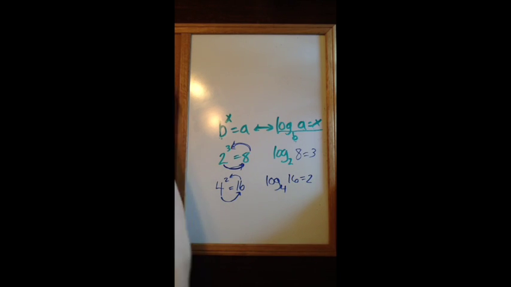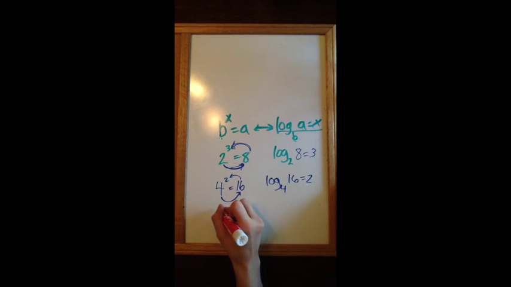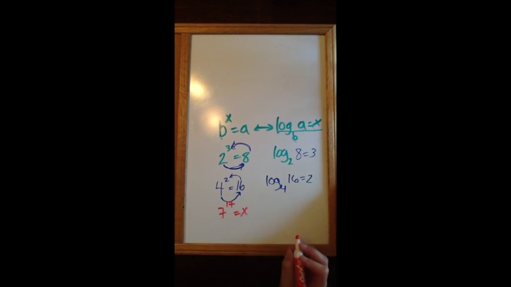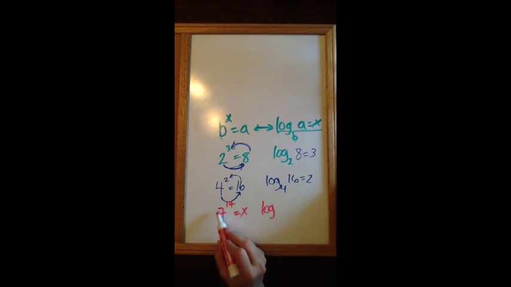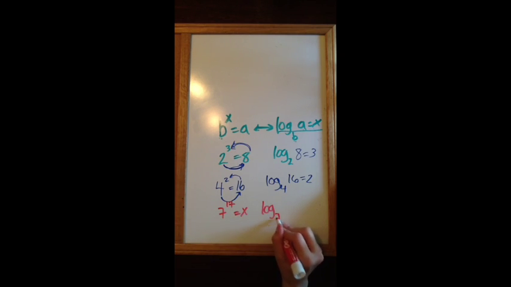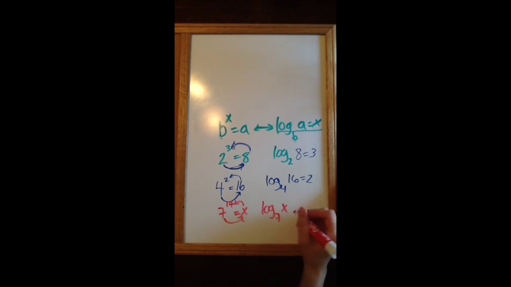If I gave you 7 to the 17th equals x, to switch this to log, the base is 7. I know the base is 7 because it's what has the exponent, so I'm going to do log base 7, hop to the other side of x, hop back to the other side, equals 17.